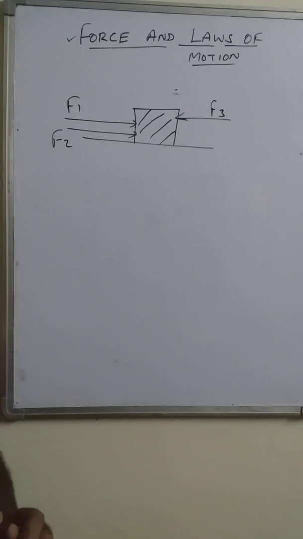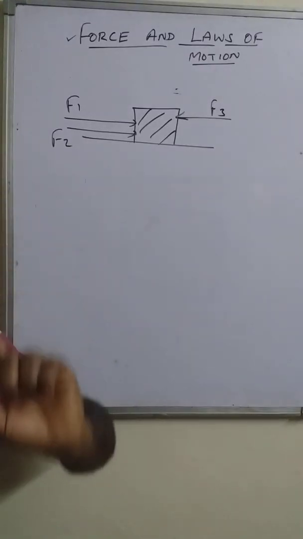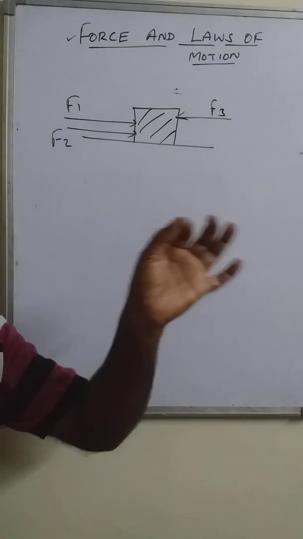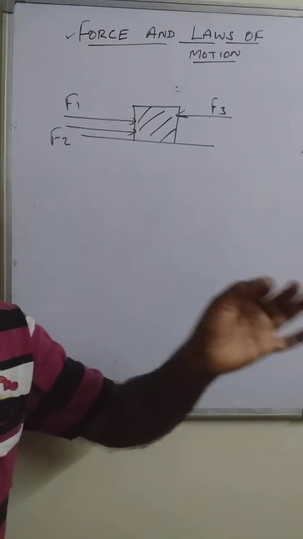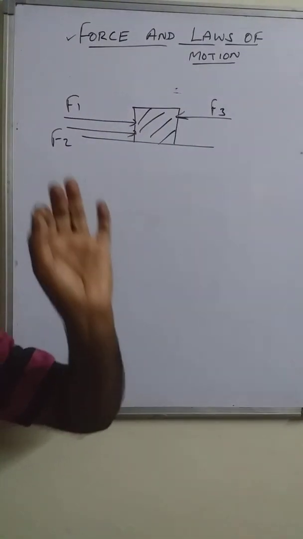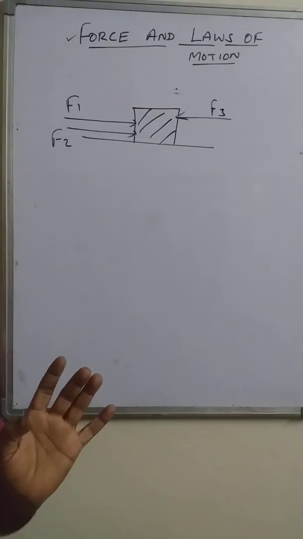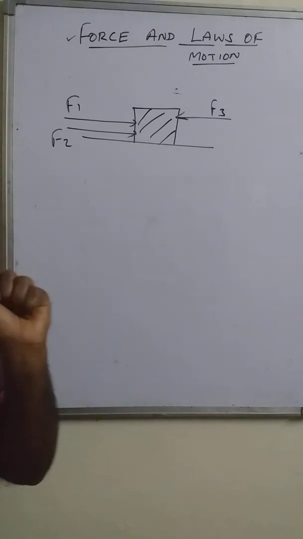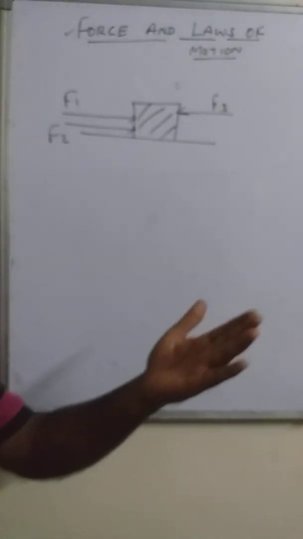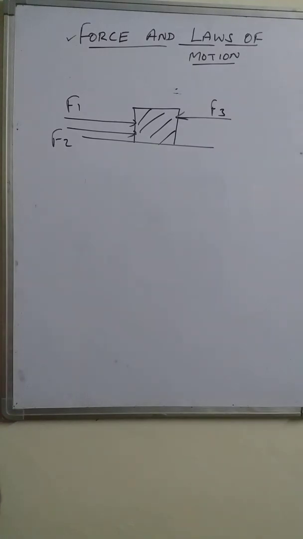Now, if one force is acting on any object, definitely that force changes or tends to change the state. Here we are taking that the object is at rest. If we apply one force, that is F1, it may change the state. It may move the object.